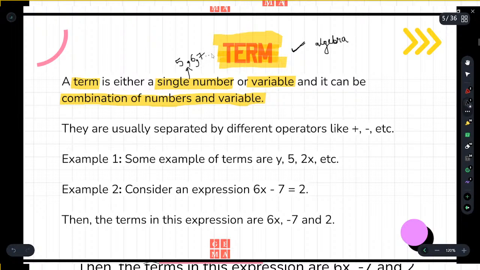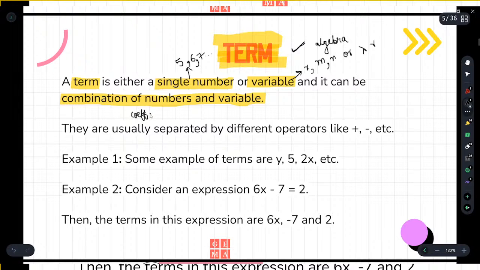And it can also be a variable x, m, or n, or any Greek letter, anything. It can be anything, and it can also be coefficients and variables.